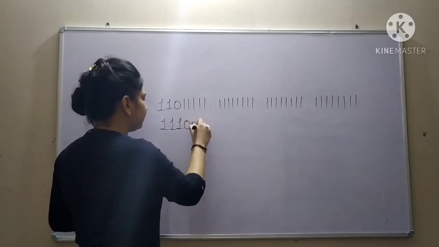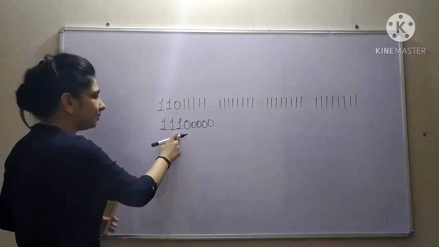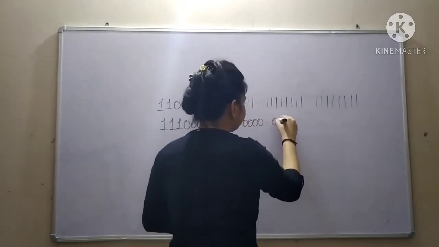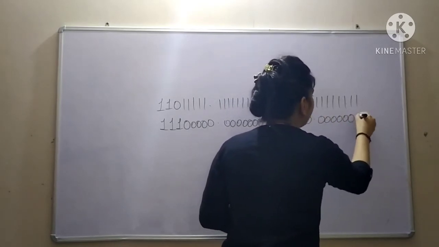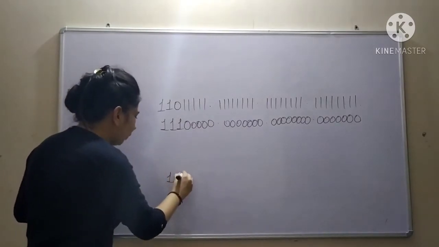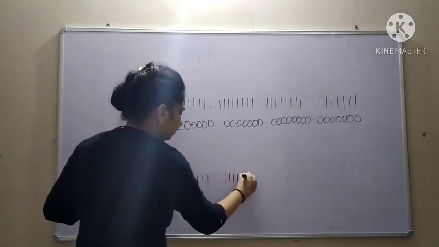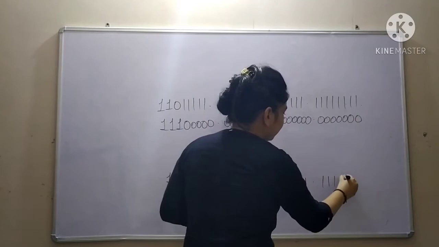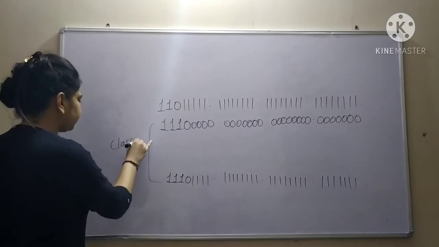The next IP address after where we ended in class C is this one, with the rest of the bits 0. And the last IP address of class D IP addressing is 1110 followed by all 1s.